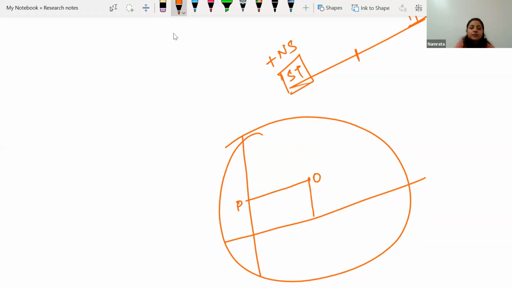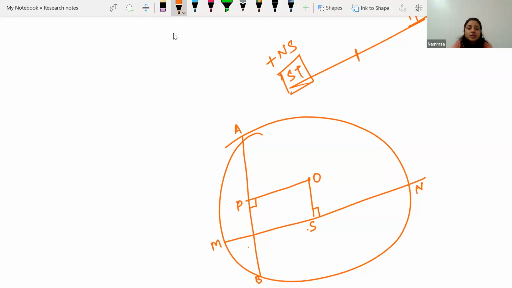This is point P. This is point S. Now, since we are dropping the perpendicular on each of the chords, on AB, AP, BP will be same. On chord MN, we have dropped the perpendicular. That means MS, SN will be same because a perpendicular from the center on the chord bisects the chord. This theorem we have discussed in the first class.